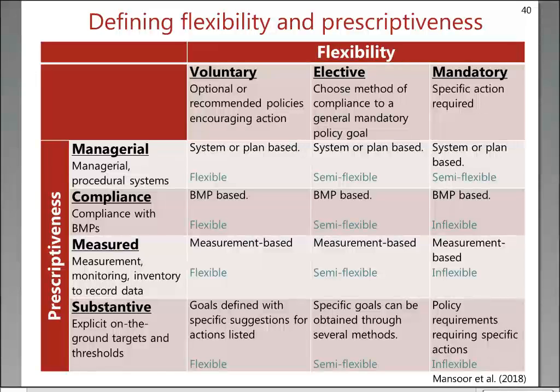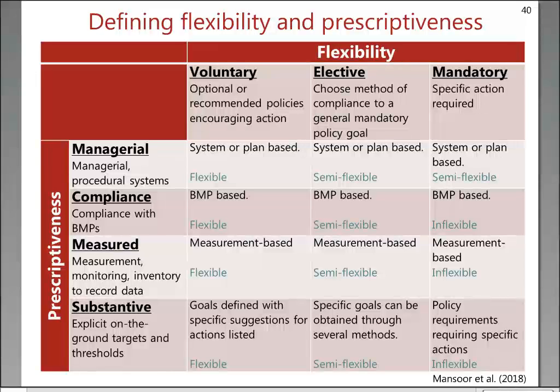Then the prescriptiveness, we have subdivided into four categories. If we start with the lowest one here, substantive, that is very specific requirements with thresholds. There can be requirements that something is measured and monitored, and that action must be taken according to what can be seen from that monitoring.